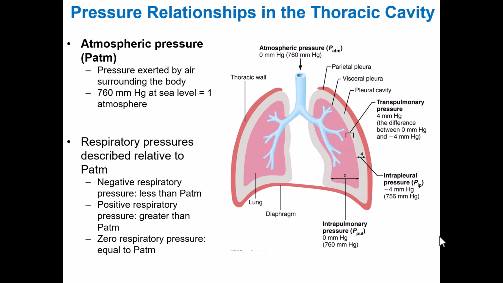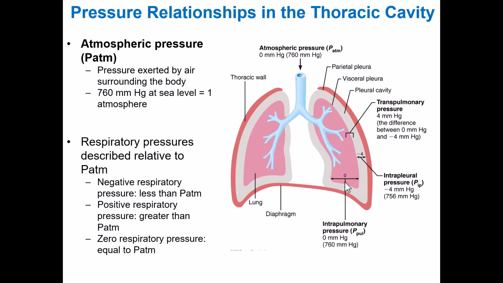In particular, the pressure of the atmosphere, the atmospheric pressure, and also the pressure of the air inside our lungs. When you are completely at rest and not breathing in or out, the pressure of the atmosphere is going to be equal to the intrapulmonary pressure, or the pressure inside the lungs.